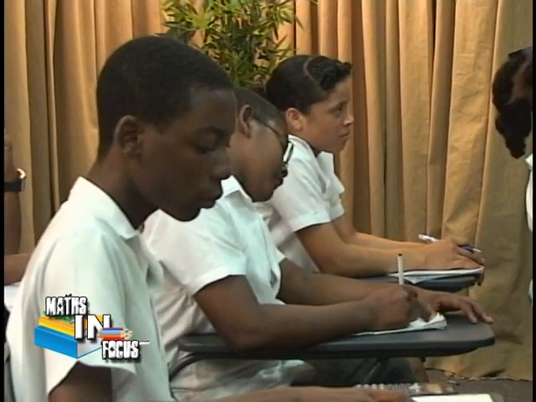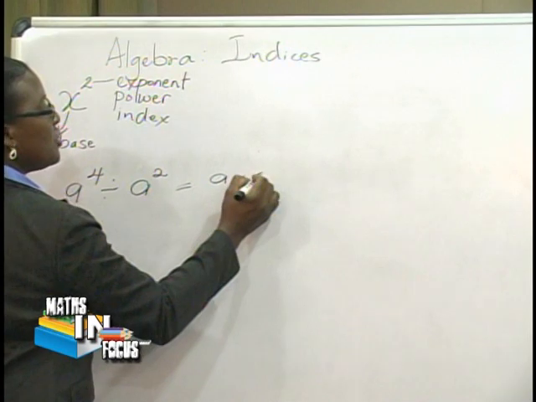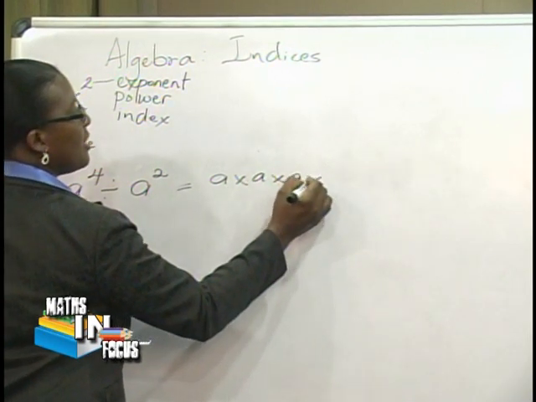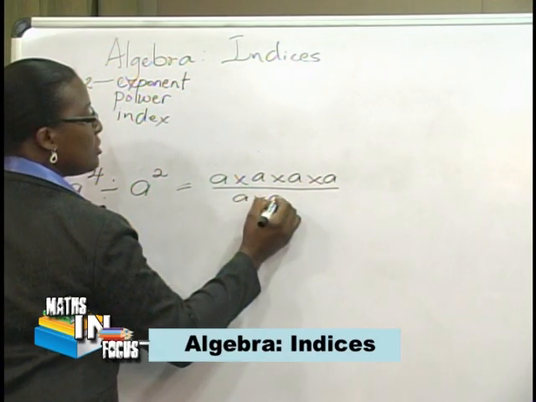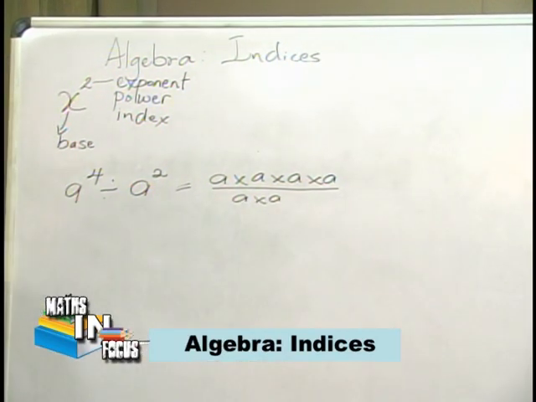Lisa has 1, 2, 3, 4, and 1, 2. Did the others get that?